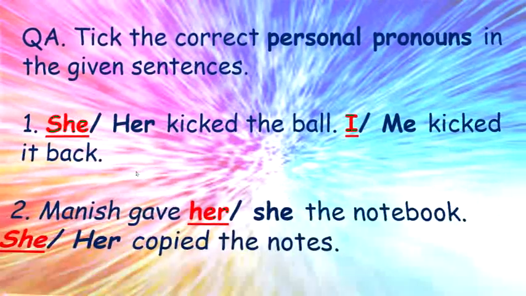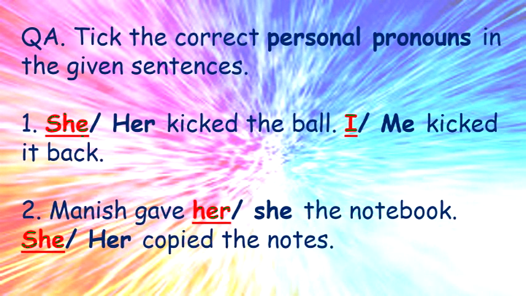Let us have a look at your answers. So the first answer was she. She kicked the ball because she is a subject place pronoun here. I kicked it back. Again, I acts as a first person personal pronoun at the subject place because here the word I is the doer of the action kicked.